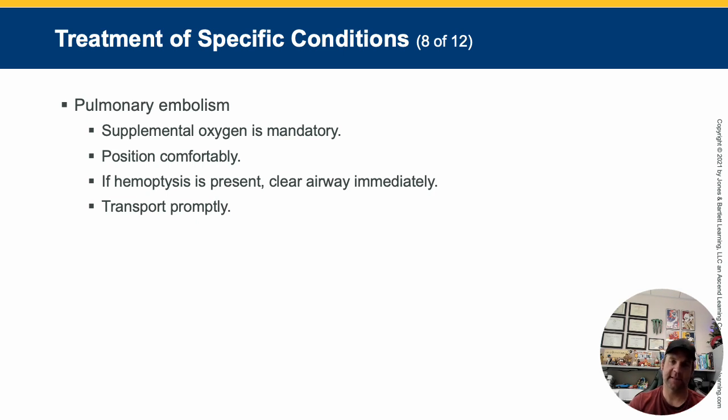Notify the receiving facility of any suspected PE so that they can prepare rapid imaging and treatment with thrombolytics, anticoagulants. In more severe cases, a PE can lead to cardiac arrest. So again, continually reassess for changes in their condition and prepare for resuscitation if it's indicated. Your field care really sets the foundation for time-sensitive in-hospital interventions.